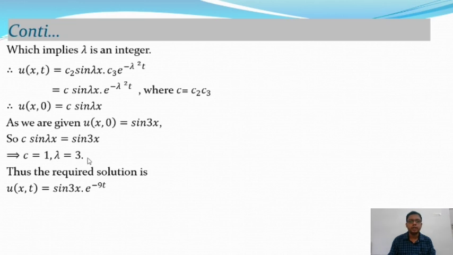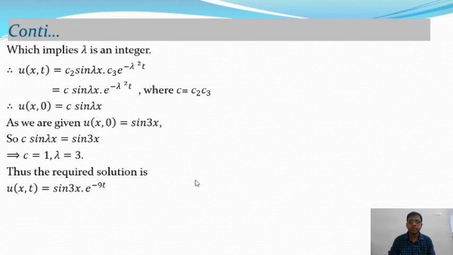Thus the required solution of the given partial differential equation is u(x, t) = sin(3x) e^(-9t), by applying the boundary conditions. This is the required solution of the given partial differential equation.